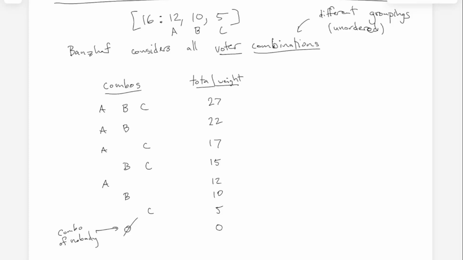And then the real deal for the Banzhaf is deciding who is, and this is slightly different language from the Shapley-Shubik, the critical voters. In the Shapley-Shubik, we call them the pivotal voter, but Banzhaf called them the critical voter in each of these combinations. Can we just leave this for now?